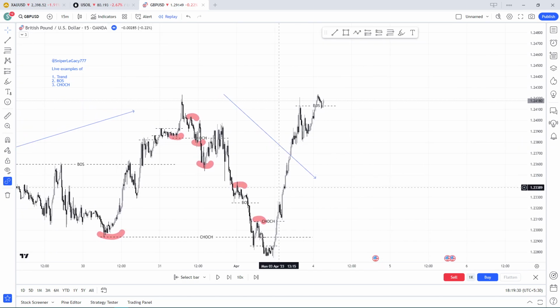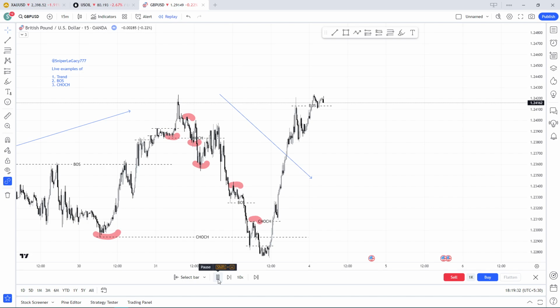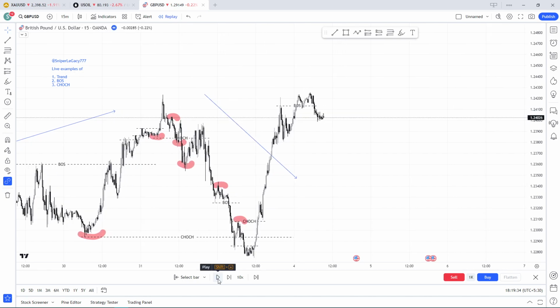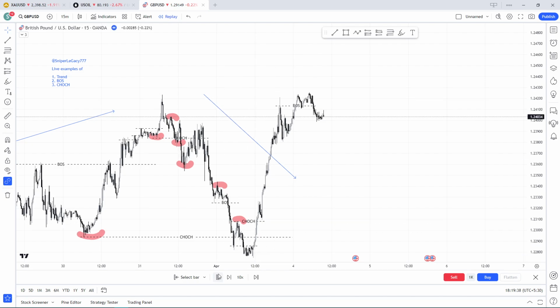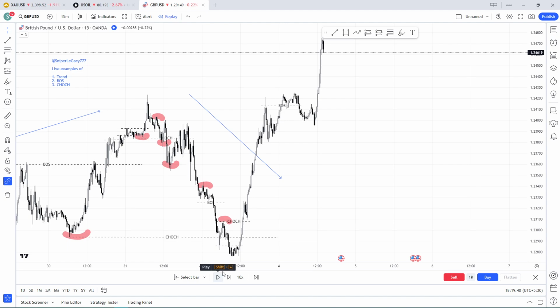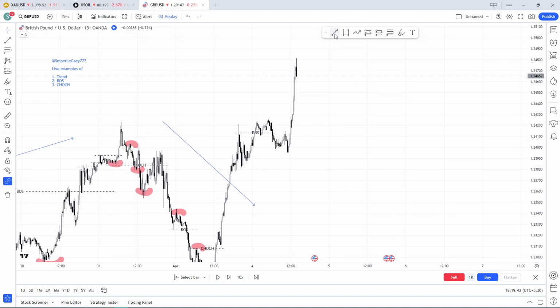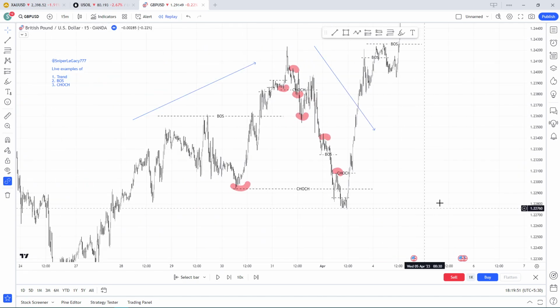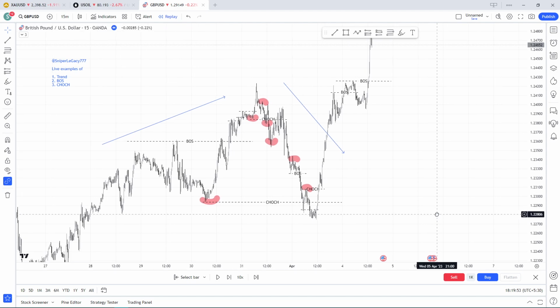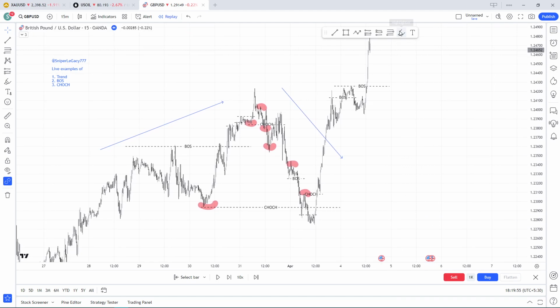So now let me replay for some more. See, break of structure. So now we need to know the concept of liquidity here.